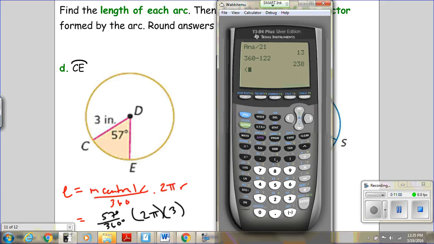So I would put the angle part in a fraction or in parentheses. So that's 57 divided by 360. And then times, so another set of parentheses, 2 pi 3.